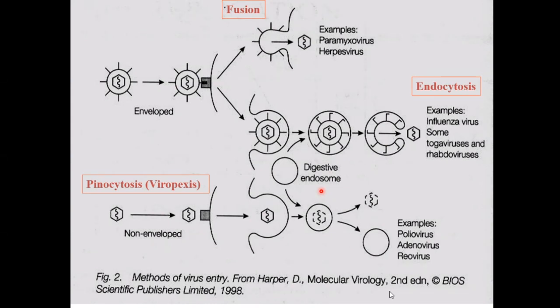So it will release it as if it was nutrient, but its content is not nutrient. Is that clear? Normally, the digestive endosomes are always in the cytoplasm, and they are there to allow releasing the content of the phagosome coming from outside.